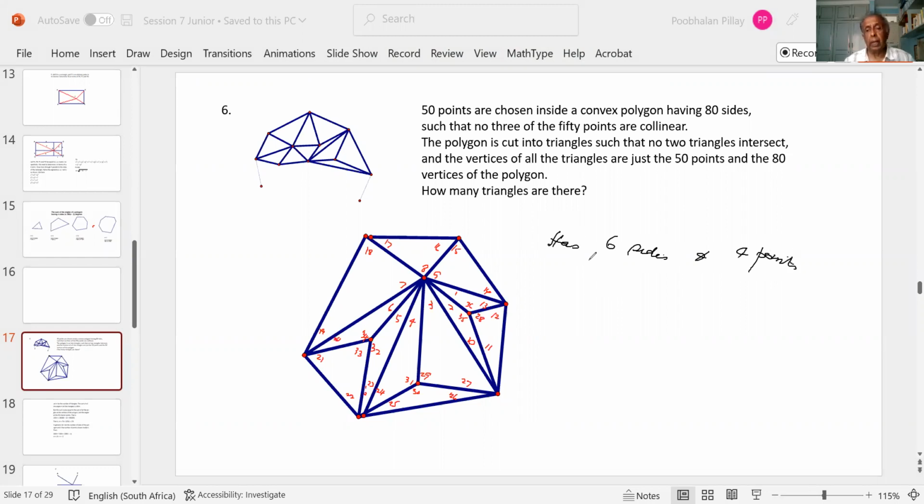And I try to see how many triangles there are, because the question is, if you've got 80 sides and 50 points, how many triangles are there? I've got 6 sides and 4 points, how many triangles are there?